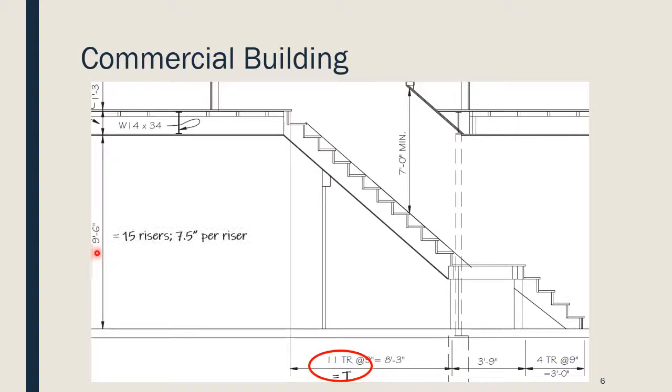And so if we divide 9 feet 6 inches by 15, we find that each riser is 7.5 inches tall. We also see that the clearance from the upper floor to the top of the tread is a minimum of 7 feet. So how does that compare to a building code?